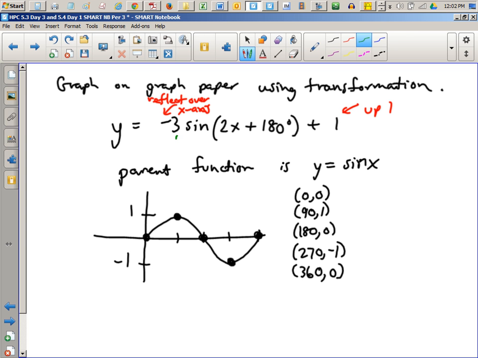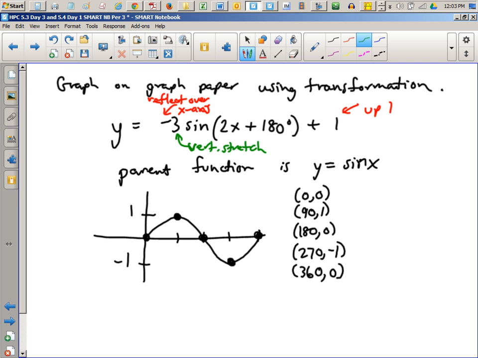Okay, what does the 3 itself mean? It's definitely vertical. Notice I'm not multiplying that 3 against an x, so it's nothing horizontal there, but that is a vertical something. Now 3, is that bigger than 1 or less than 1? Bigger than 1. So it's going to be a vertical stretch.